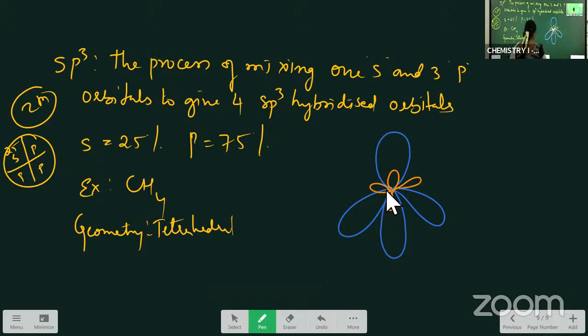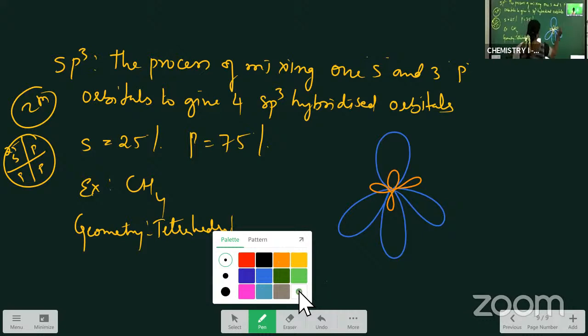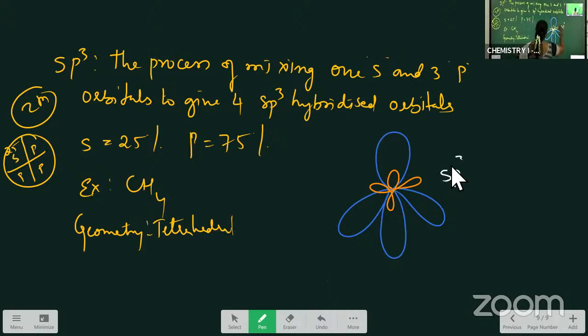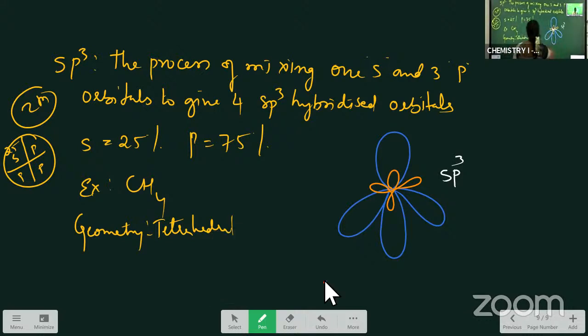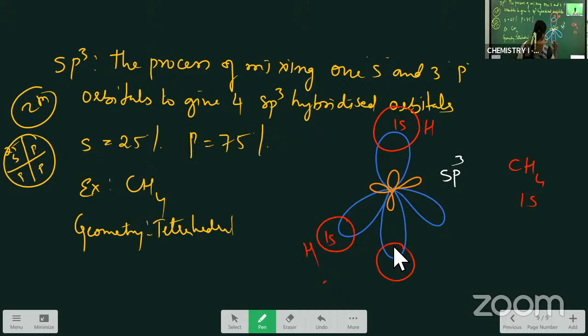This is the sp3 hybridized orbital. So this is overlapping with what? It is overlapping with the hydrogens. Example is methane. So yeah, hydrogen means 1s orbital. So this is one hydrogen. This is 1s of hydrogen. This is 1s of hydrogen.